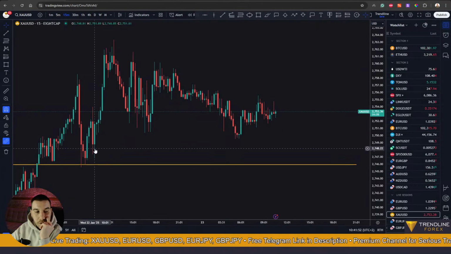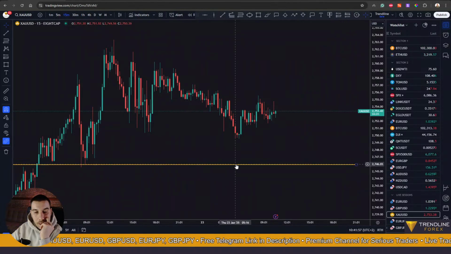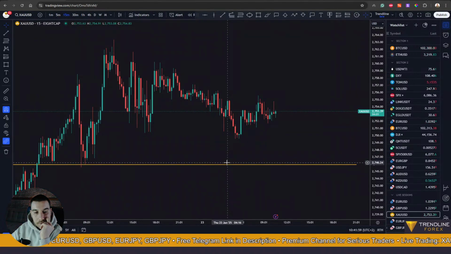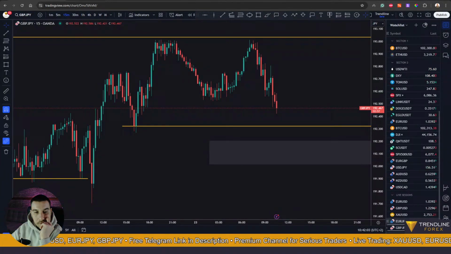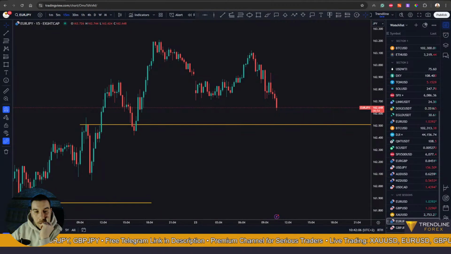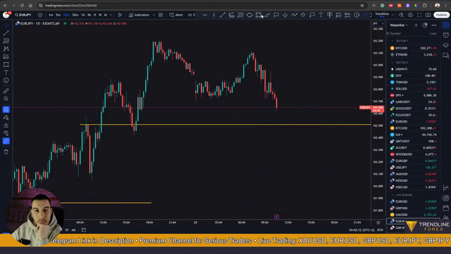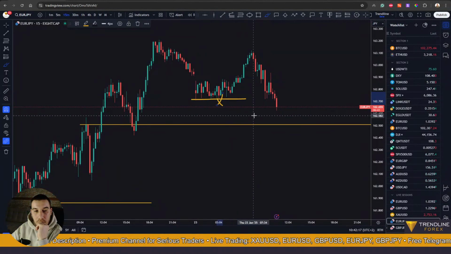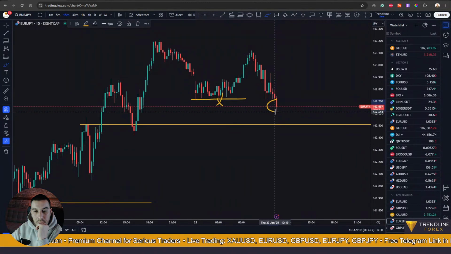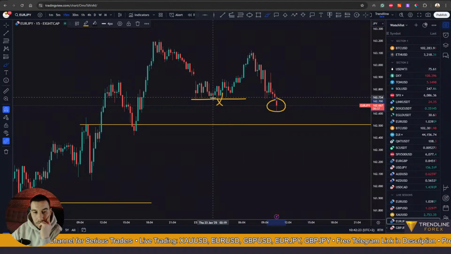Yeah, at least a retest of this previous low right here. So this previous market structure is taken out already. Currently trading lower than this level here.